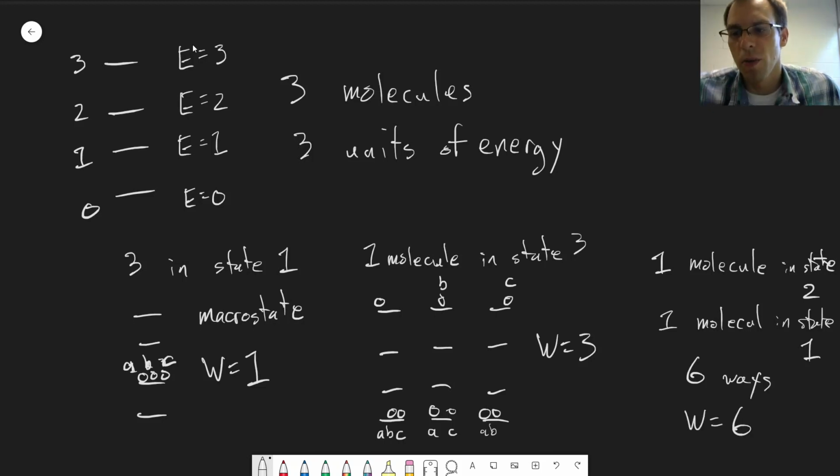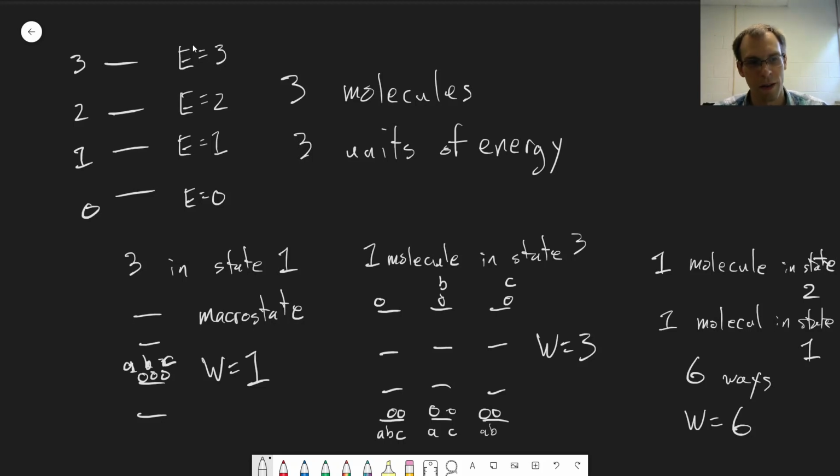So what we're getting at here is that we have a total of 6 plus 3 plus 1, 10 possible ways these 3 molecules could have 3 units of energy dispersed among these states.